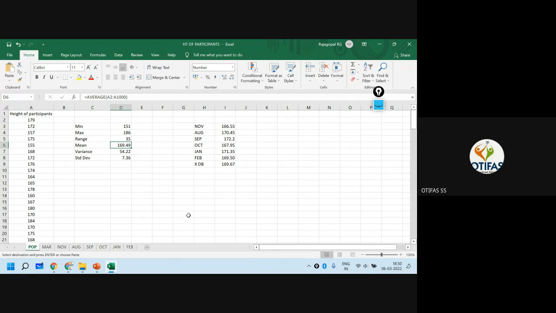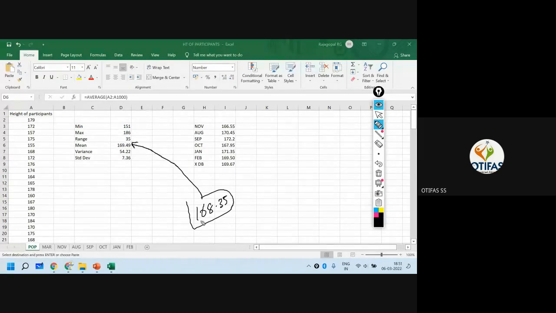So let's see the mean of the population. What is our population mean average? 168.35. This is somewhere near our own sample. The population of all the batches is on average similar, with very minor difference. The lowest is almost similar, and the standard deviation is almost similar.